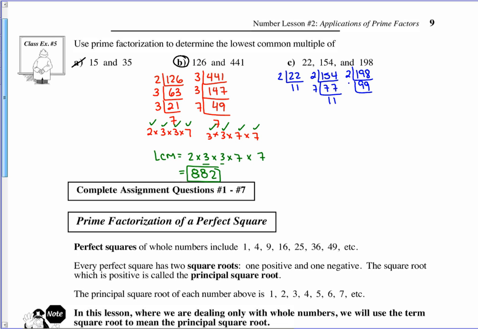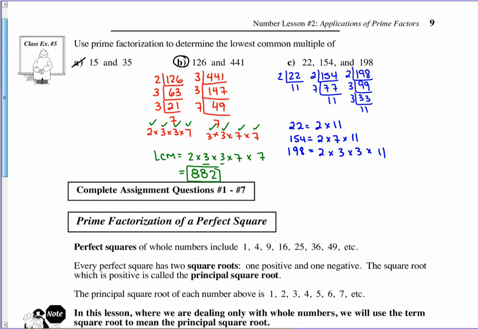And then 3 was 33. 3 was 11. Let's write them all out. 22 was 2 times 11. 154 was 2 times 7 times 11. The last one was 2 times 3 times 3 times 11.